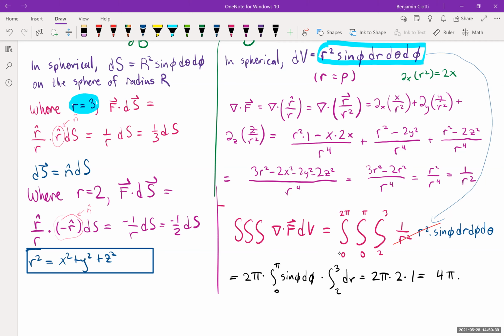That was a 2, I think that was a 2r squared. Yeah, I factored the 2 out. This plus this plus this is r squared.